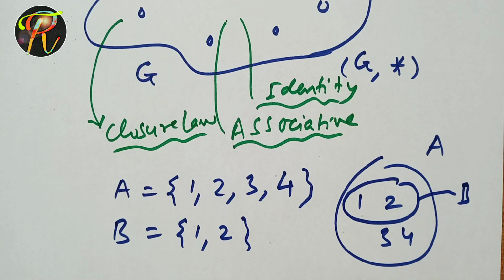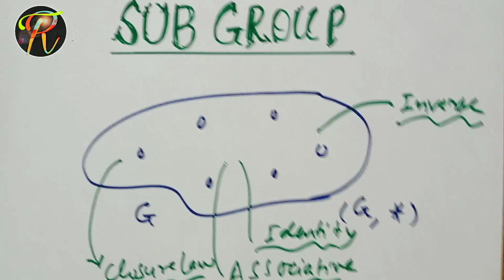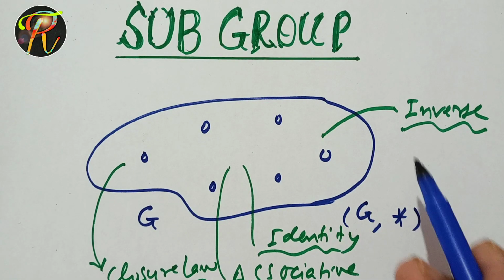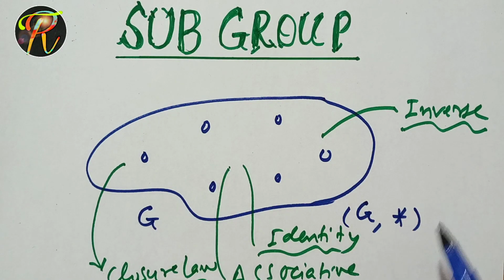In the same fashion, here G is a group. First, G is a non-empty set. So we will take a subset of G which is non-empty.